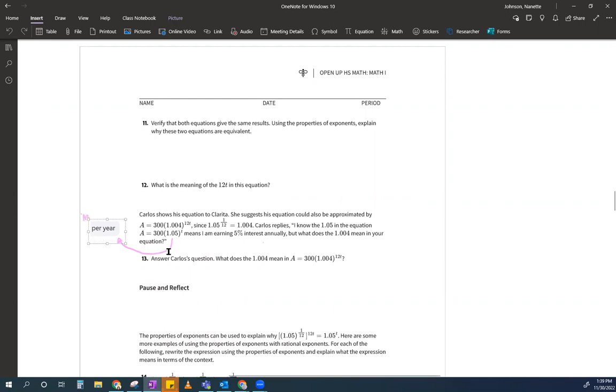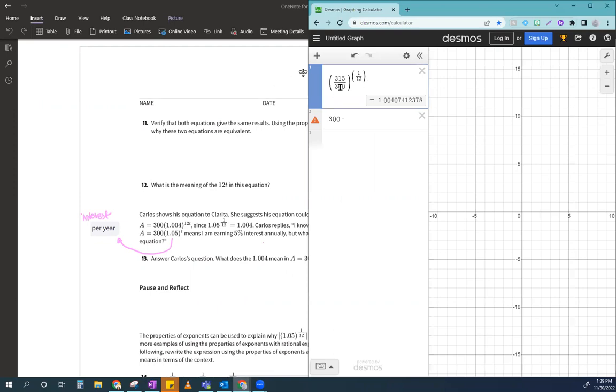Yeah, this is interest per year, but 1.004 is going to be interest again per month, right? Because that's where we got it. Look, you guys said, that's per month, right? 1/12. Not per 3 months, just per month. Very good. Per month.